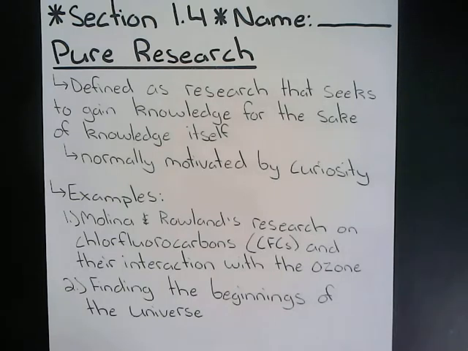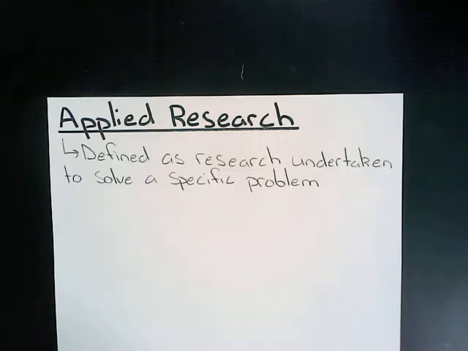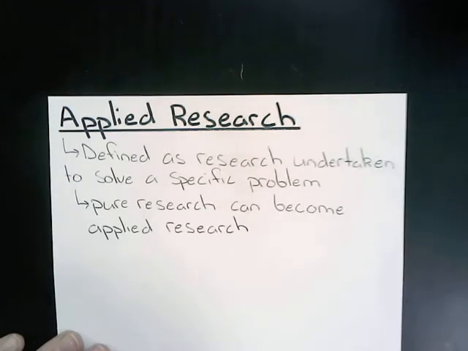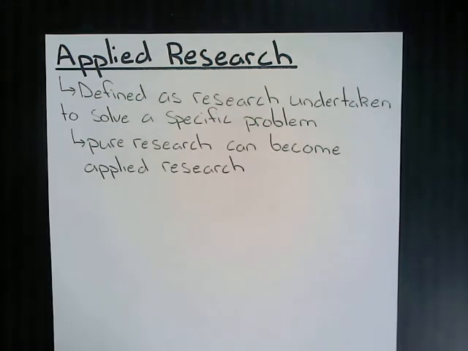Now, the other type of research that we can deal with is called applied research. Applied research is defined as research undertaken to solve a specific problem. It's important to note that pure research can become applied research. Again, the best way to understand applied research is through examples.